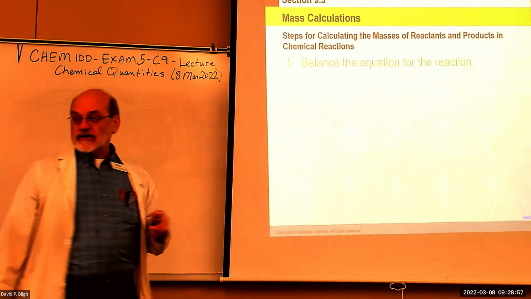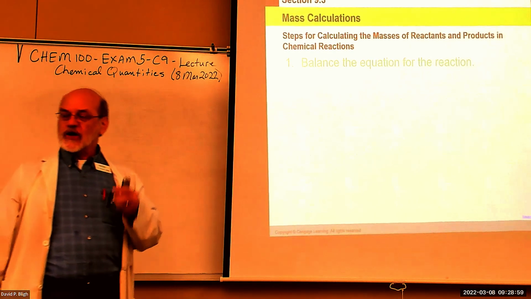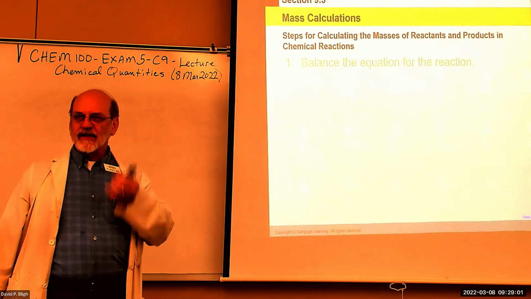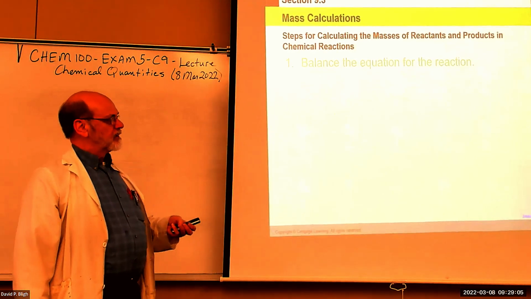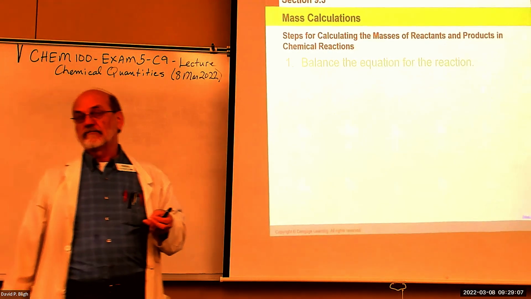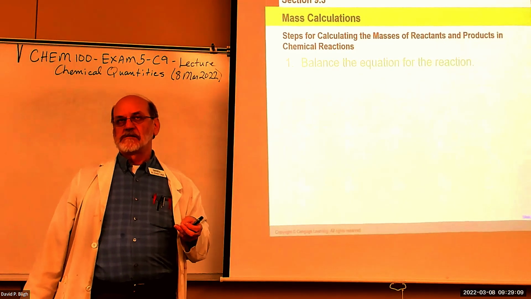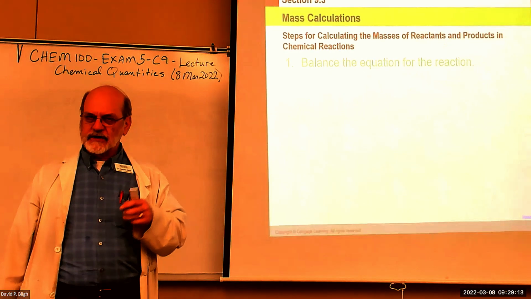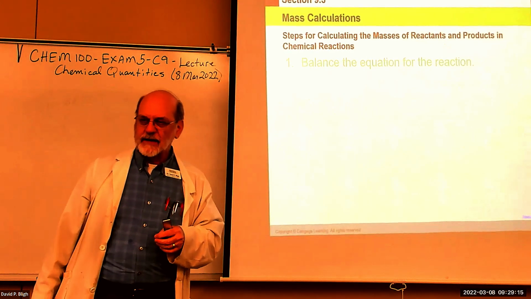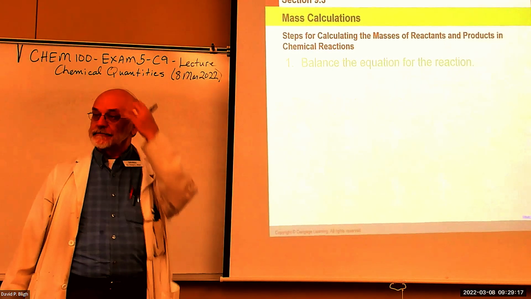You need the balanced equation. That's a given. You got to write your compounds correctly. You got to balance them as reactants and products. And for most of these reactions, there are only a couple of cases where you would have to predict the products, but most of the times you're given reactants and products.